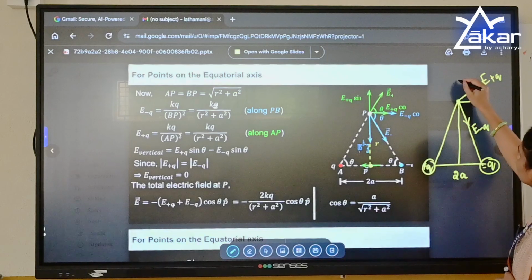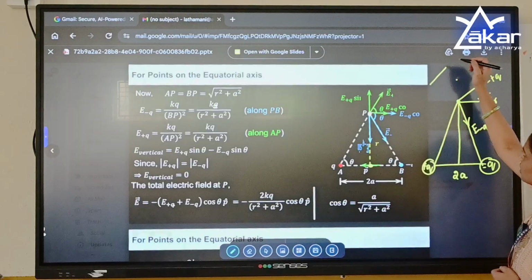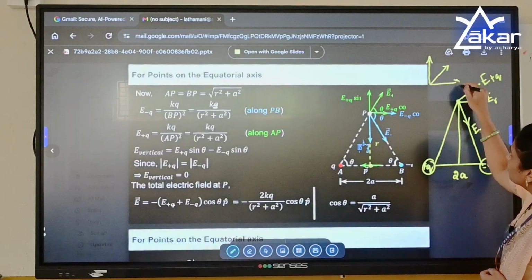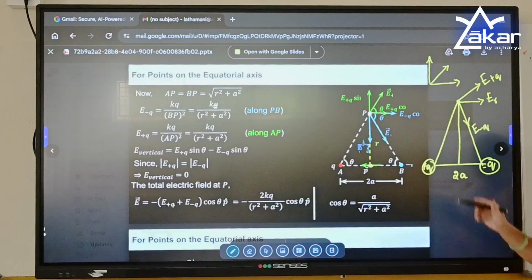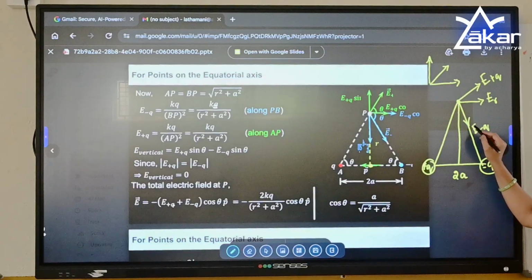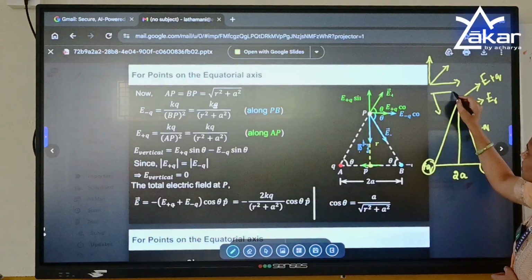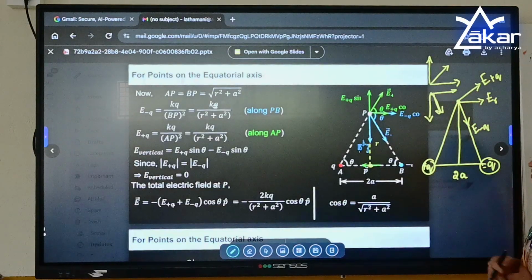Then we have to resolve these components. So this is E resultant. If any inclined vector is there, we can make two components of the vector: one horizontal and one vertical. Here also inclined vectors are there, so we have to resolve these components.